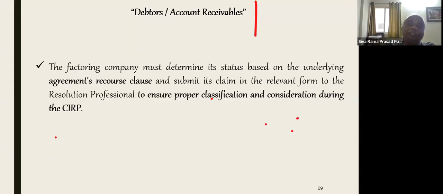In India, factoring services are also big. The banks are giving working capital. Factoring companies also discount the bills, with recourse or without recourse. If the factoring company funds with recourse, it is a financial creditor; without recourse, an operational creditor.